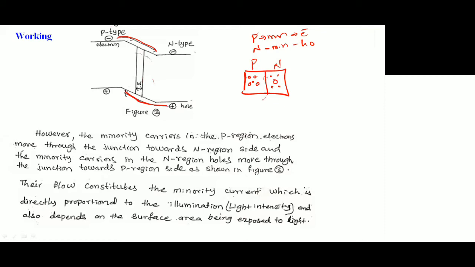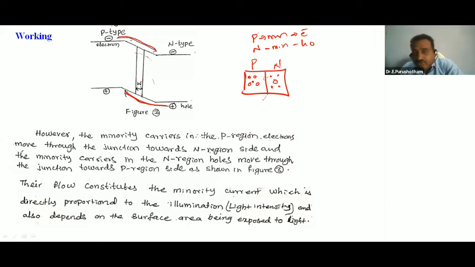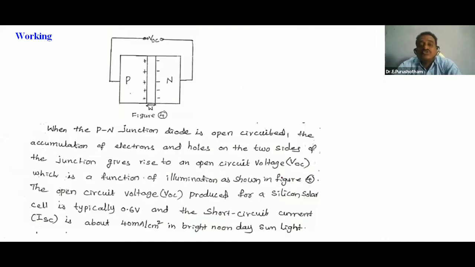How the electrons and holes diffuse is shown in figure 3. The flow of minority charge carriers constitutes the minority current, which is directly proportional to the light intensity and also depends on the surface area exposed to the light.